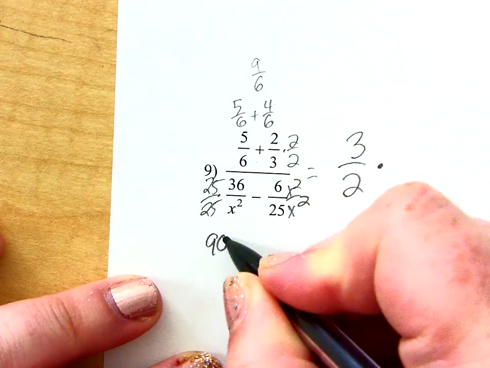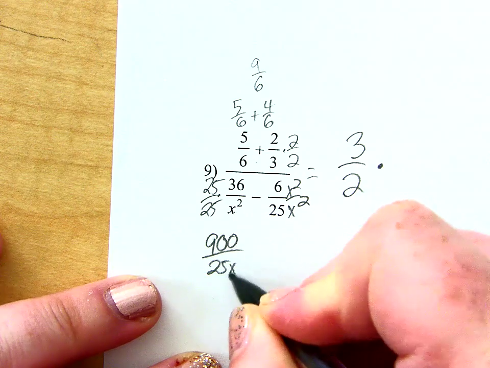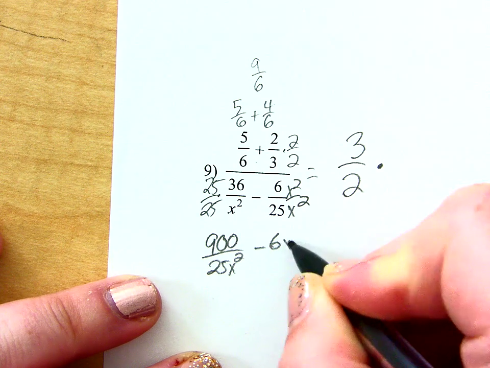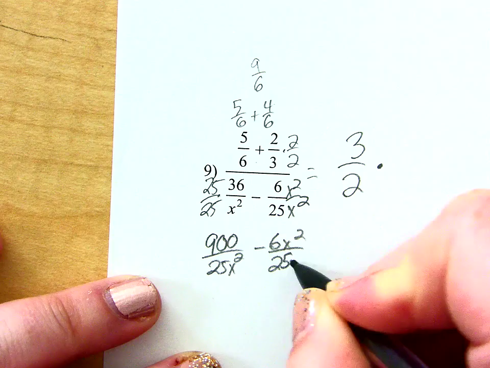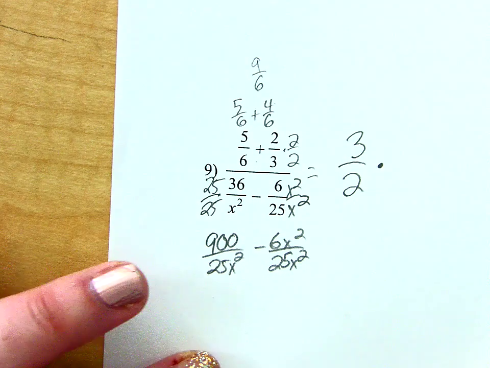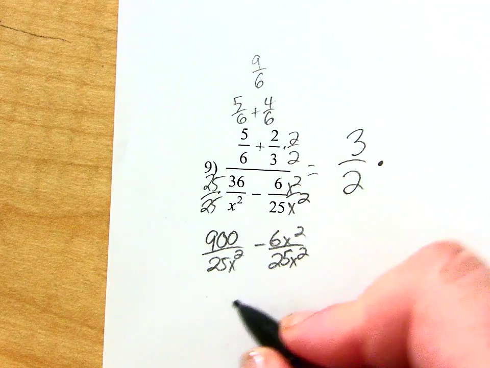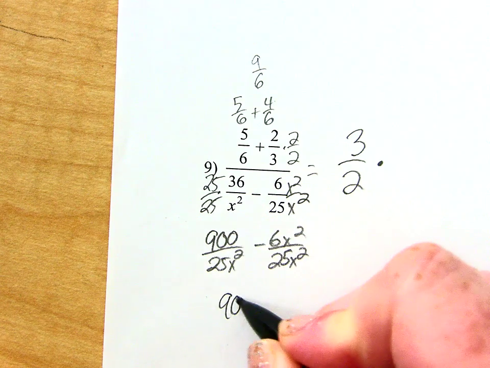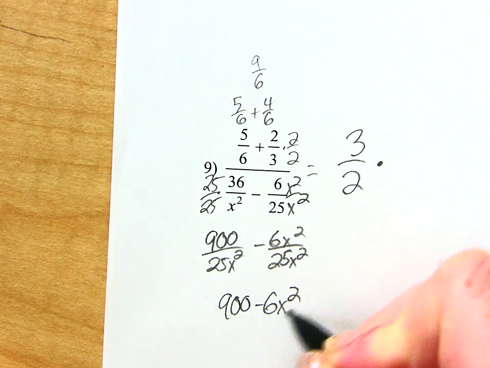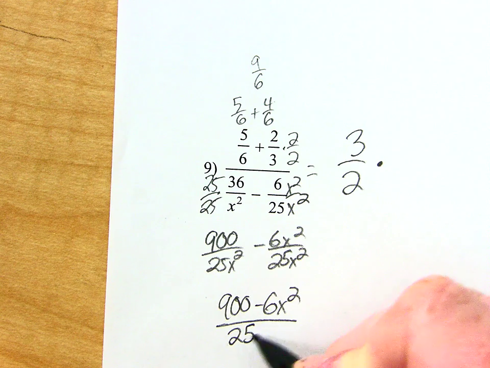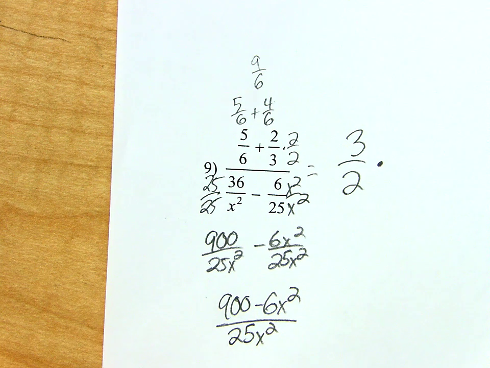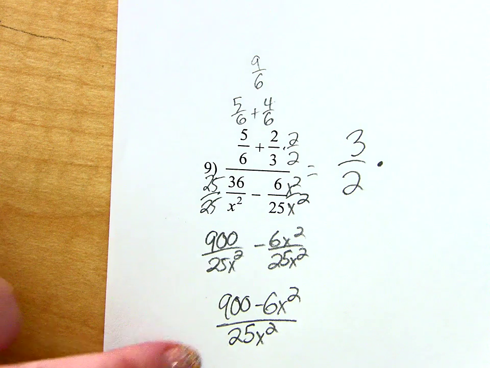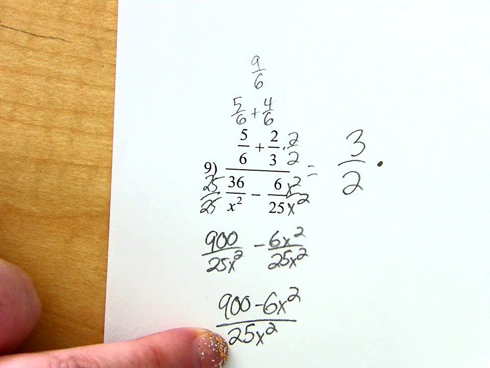So that's 900 over 25x squared minus 6x squared over 25x squared. So that does become 900 minus 6x squared all over 25x squared. Okay, you with me so far? So there is my denominator combined into a single fraction.